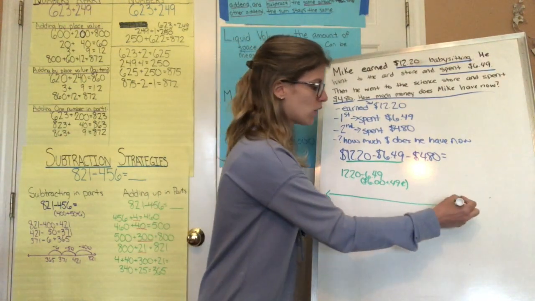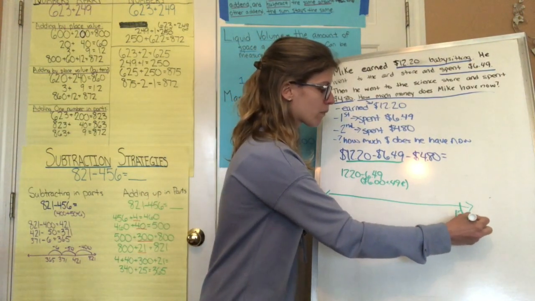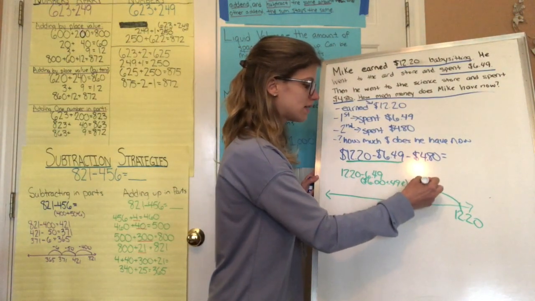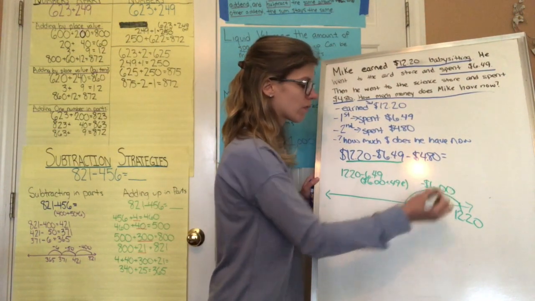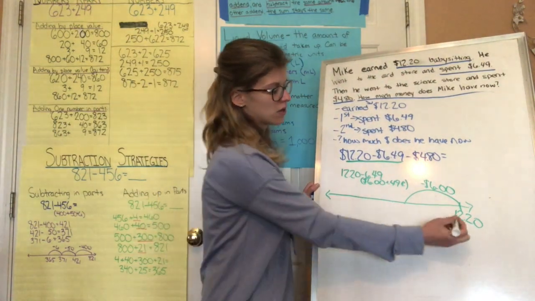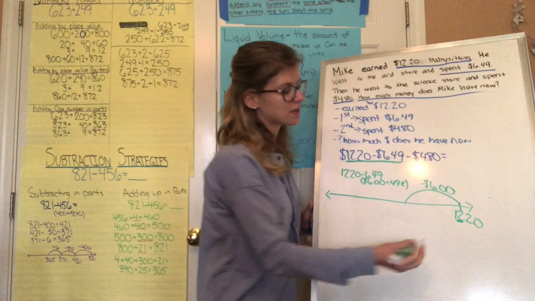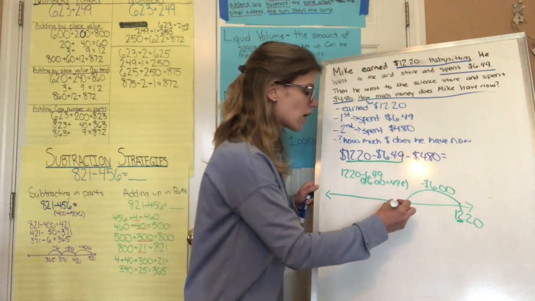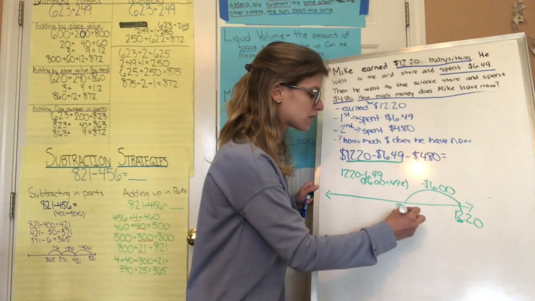So I'm going to start with $12.20, and then I'm going to take away $6. And $12.20 minus $6 would be, I'm just focusing on my dollar amount since I'm not taking away anything out of my cents. So that would just be $6.20.